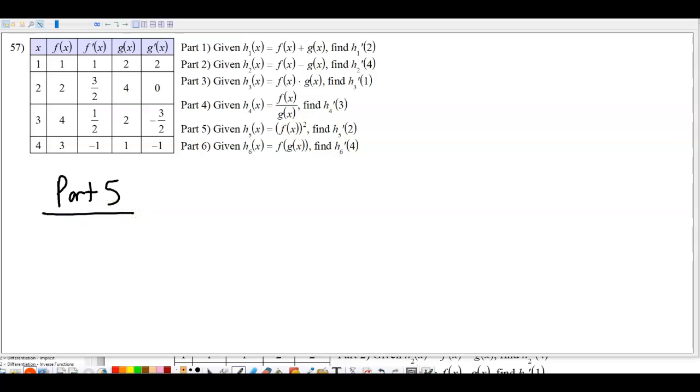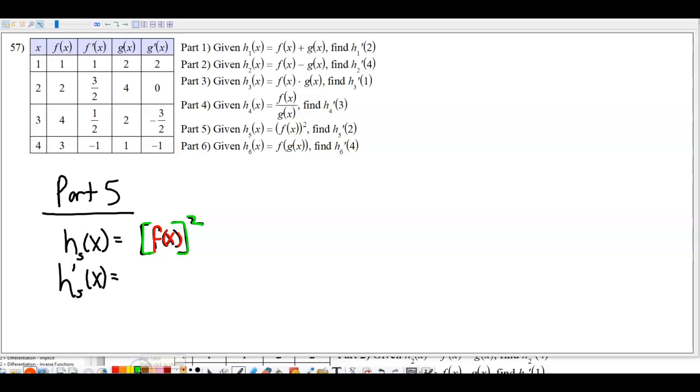All right? So if h is equal to f of x squared, then whenever I want to find my derivative, we have to know what rule to use. Well, this is going to be a chain rule because I have an outside function and I have an inside function.